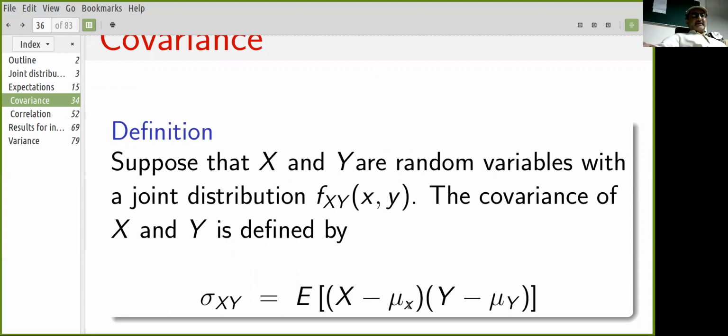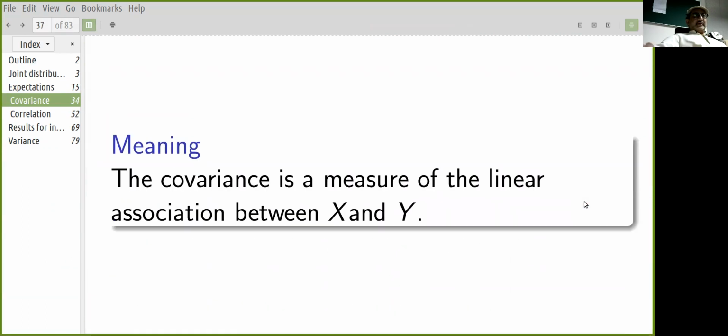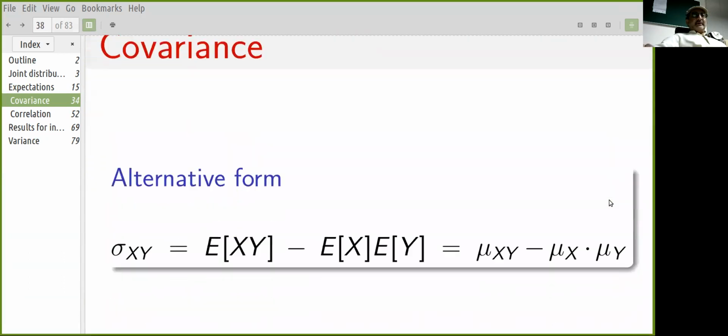That's equal to the expectation of the difference between X and its expectation times the difference between Y and its expectation. That's the definition of the covariance. So it's a measure of the linear association between X and Y and leads us to the discussion of correlation. Right now we're working on covariance.